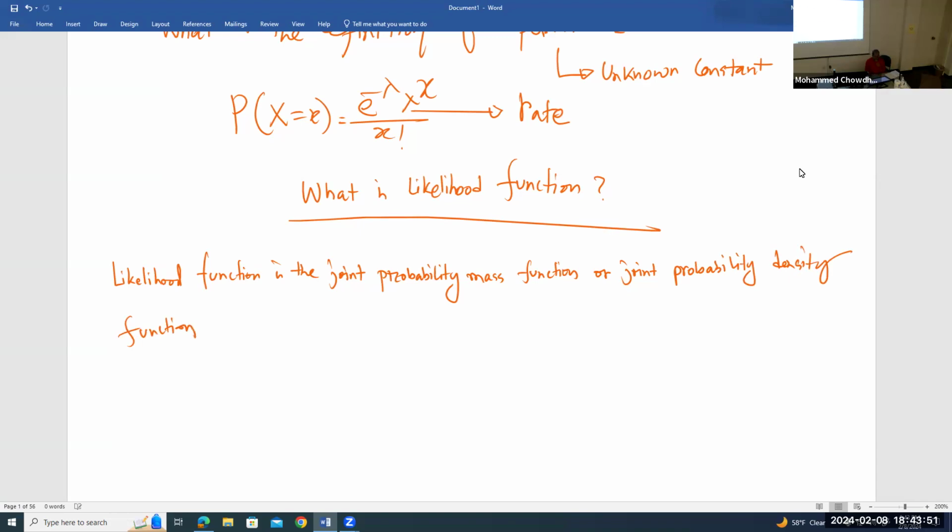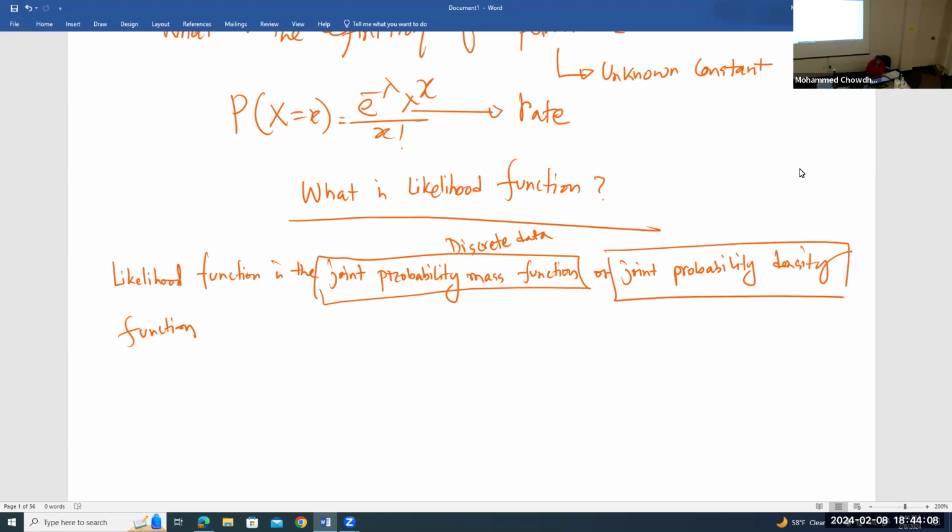Okay, joint. So I said here joint probability mass function. Probability mass function is for the discrete data. You know about this, right? And joint probability density function is for the continuous data or quantitative data.